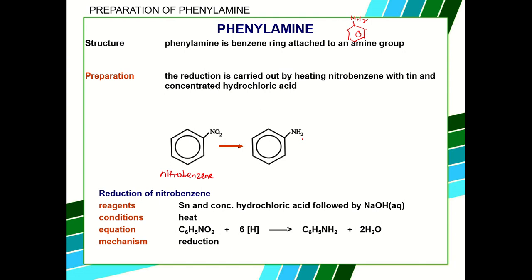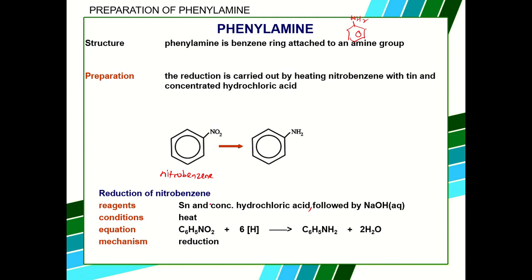So it's a reduction. What kind of reagent should we use? We use tin with concentrated hydrochloric acid, followed by sodium hydroxide solution. So why do we need to use sodium hydroxide solution afterwards?